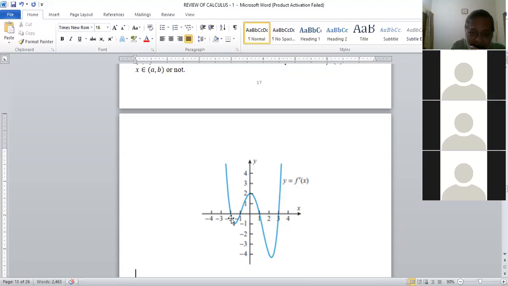On the left, the function is decreasing, that is, the derivative is negative. On the right, the function is increasing, that is, the derivative is positive.